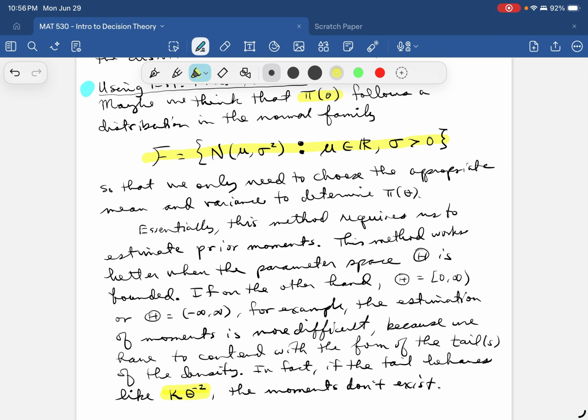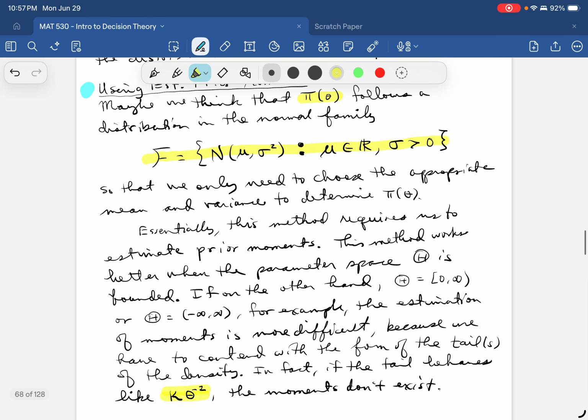And because of this issue we mentioned before, where the tail area may behave like k theta to the negative 2, directly determining the moments is not necessarily the best method to use in determining what member of the family we should choose. And for that reason, we're going to instead look at fractiles.